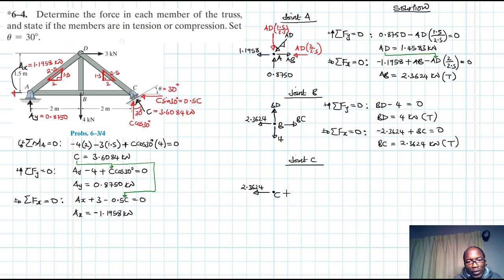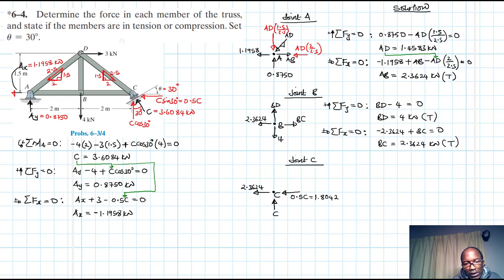And then we have another force in this direction, which is 0.5 C. What is our C? Our C is 3.6084. So this is equal to 1.8042.